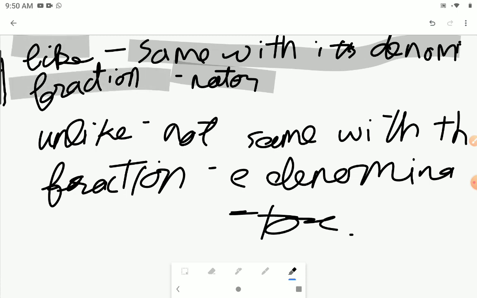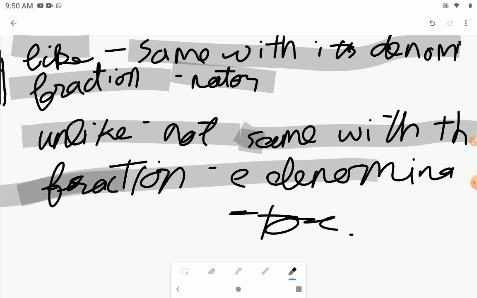Like fraction, same with its denominator. Unlike fraction, not the same with its denominator.